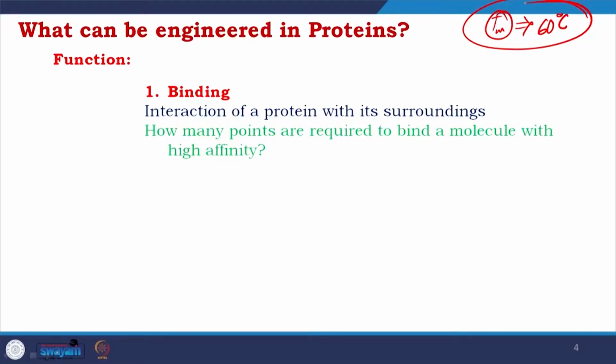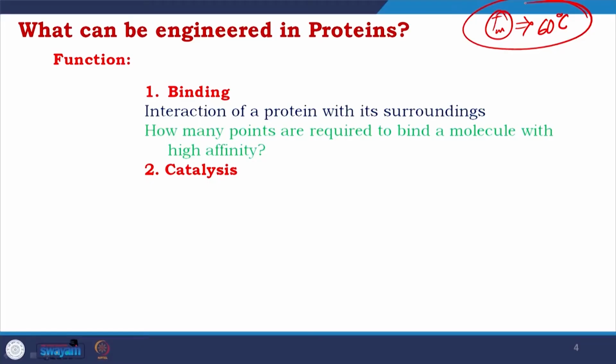The next thing is function, and one aspect of function could be described by binding. Binding is the interaction of the protein with its surroundings, with other macromolecules, with substrates, inhibitors, ligands, small molecules, anything. So, how many points are required to bind a molecule with high affinity?